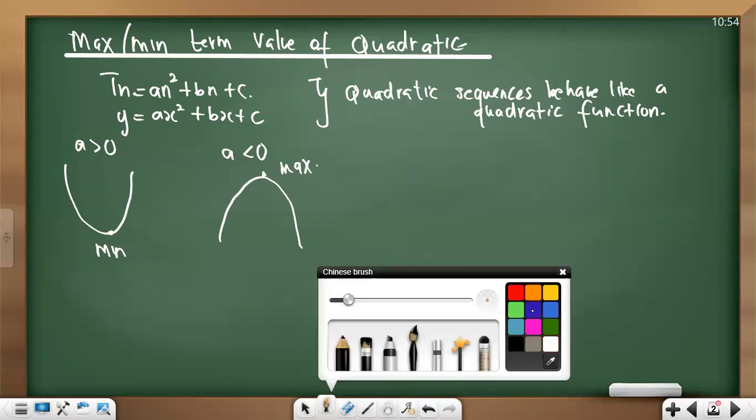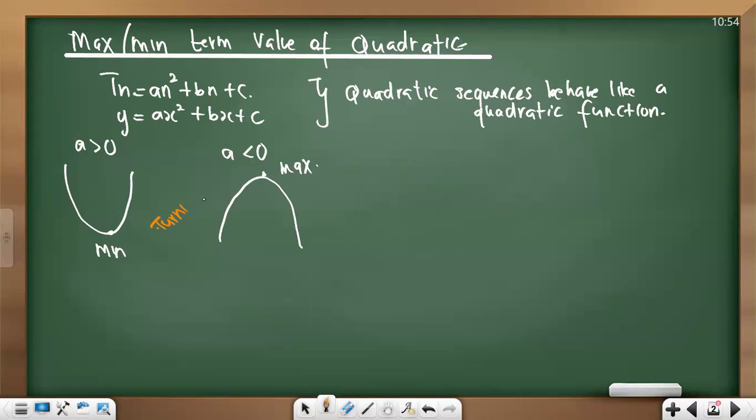When we talk about minimum and maximum, we are basically referring to the turning point.